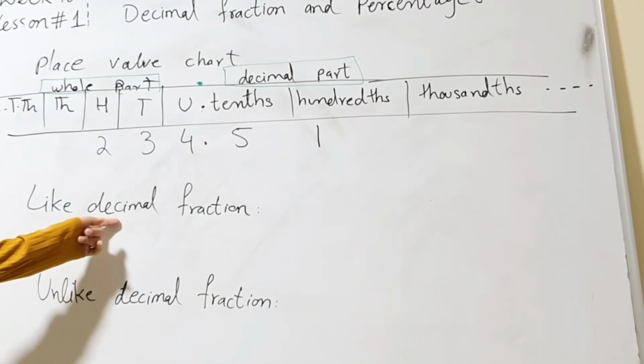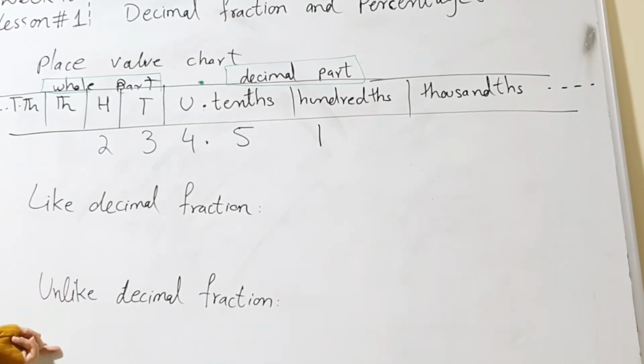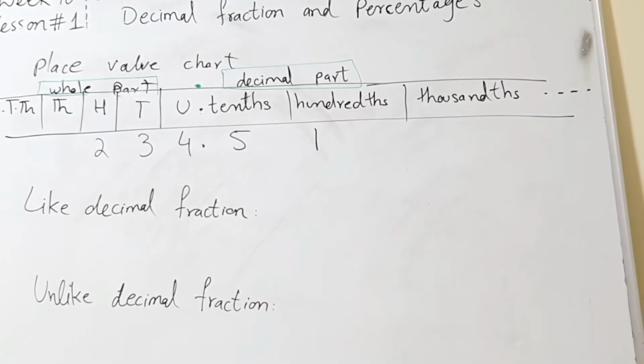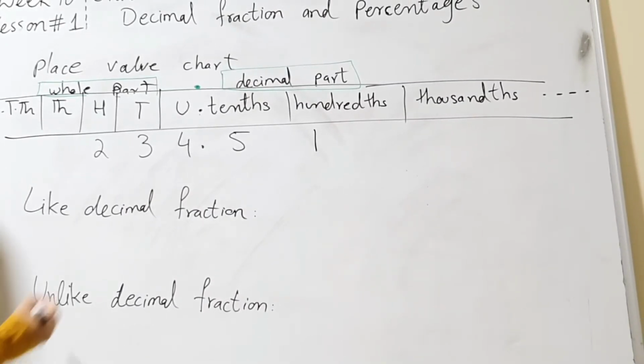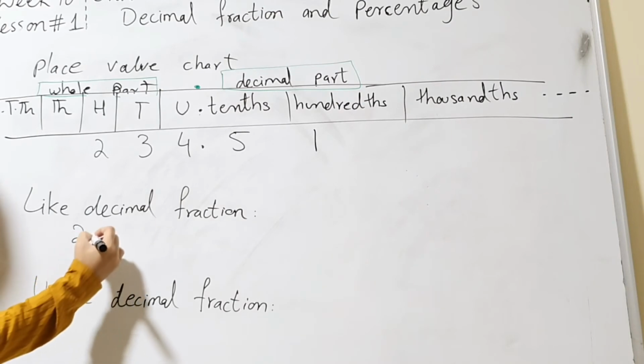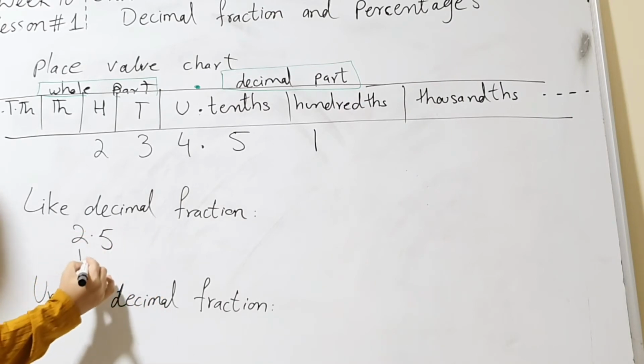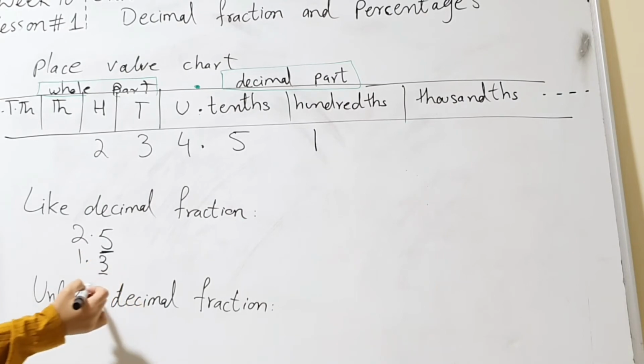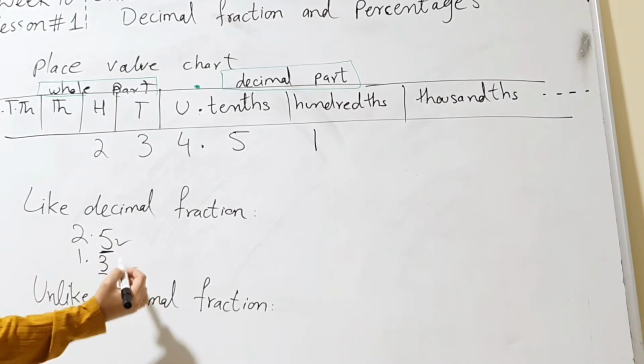There are 2 types of decimal fractions, like and unlike. The groups of decimal fractions that have the same number of decimal places. For example, 2.5, 1.3, these both numbers have same number of decimal places, so they will be like fractions.